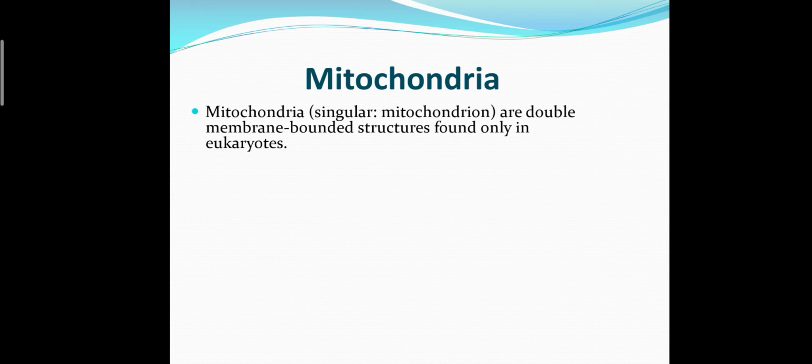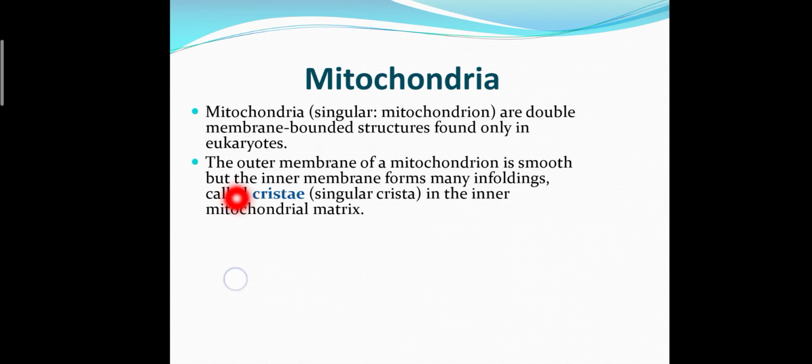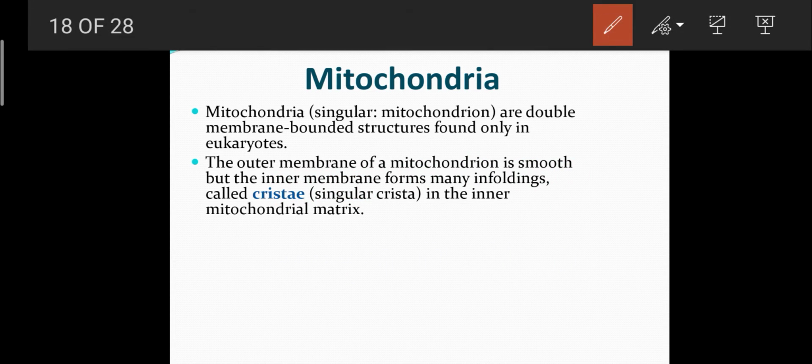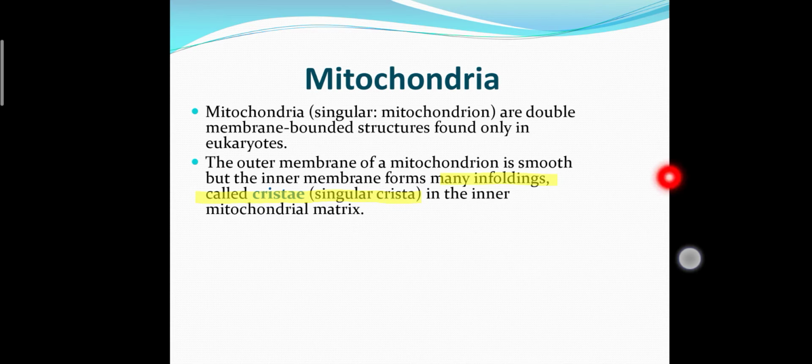What are mitochondria? Mitochondria, in singular form known as mitochondrion, are double membrane bounded structures found only in eukaryotes. The outer membrane of a mitochondrion is smooth, but the inner membrane forms many enfoldings called cristae, singular crista, in the inner mitochondrial matrix.